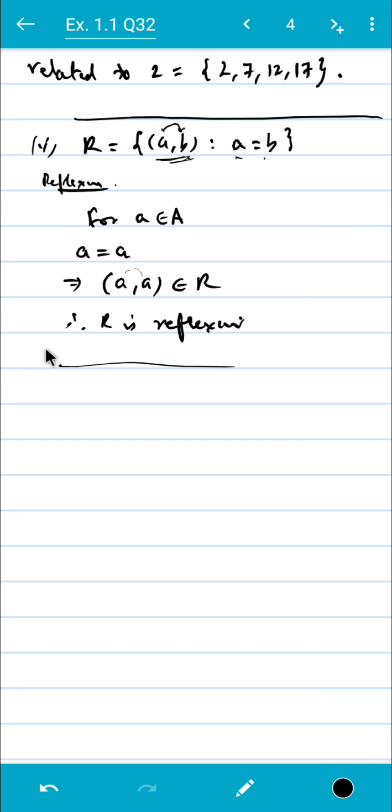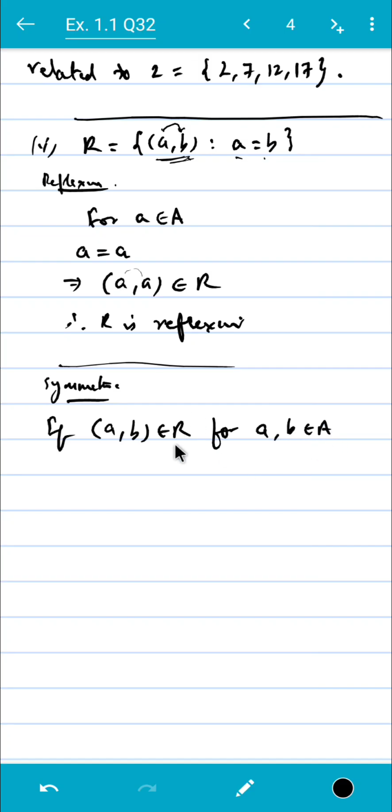Then what about for symmetry? So we start with the condition if (a, b) belong to R for elements a, b from the set A. So the same set A that we used in question 1. So this implies that a is equal to b. This is the condition. If (a, b) belongs to R, it means that a equals b.